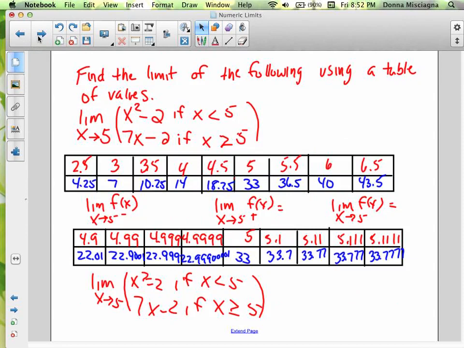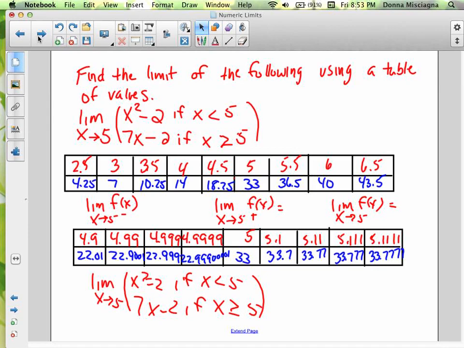We want to find the limit of the following using a table of values. So this one I'm not going to graph, because I would need a very big graph. If you look at the functions there, they get kind of large. But I do have two tables. Let's look at the first table. Here, we're looking at what happens as x approaches 5.